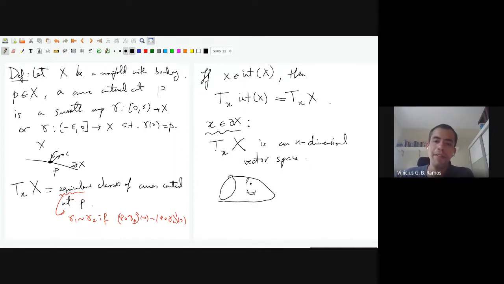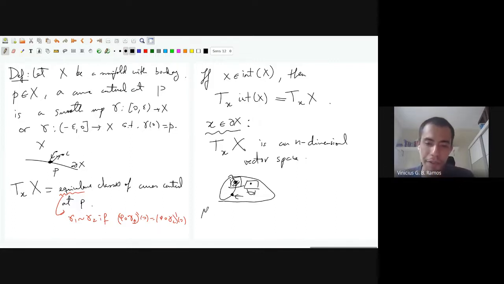So at every point in the interior, of course, the tangent space is two-dimensional. But the point is that when I'm on the boundary, the tangent space is still two-dimensional. Okay, so the tangent space has the same dimension no matter if you're on the boundary or outside of the boundary. Because you can think of here, you have these curves that come in through the interior of the manifold and here. That's the whole point of allowing curves that go from 0 to epsilon and minus epsilon to 0.